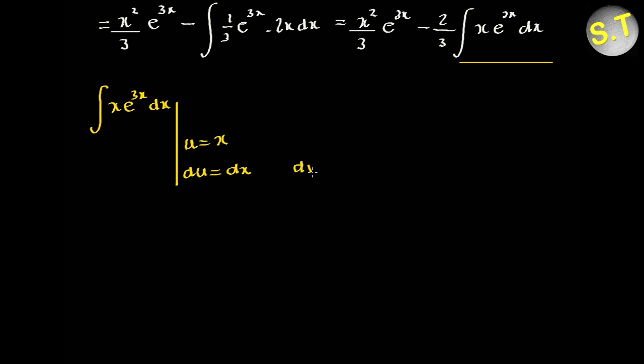Then our dv value is therefore e to the 3x dx, and then we can integrate that to give us v equals a third e to the 3x from the reverse chain rule. So by using the formula, we have this is equal to uv, so x over 3 e to the 3x minus the integral of v du.